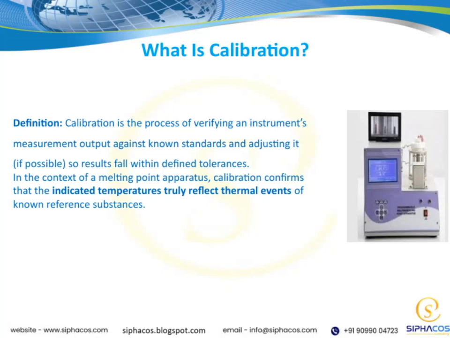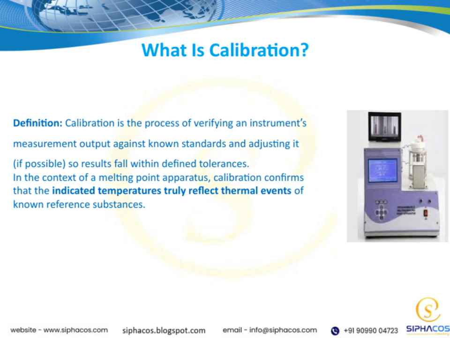Let's talk about calibration. Calibration is essentially the process of checking an instrument's measurement output against known standards. If needed, we then adjust the instrument so that its results fall within specified tolerances. This ensures accuracy and reliability. In the context of a melting point apparatus, calibration is especially important.